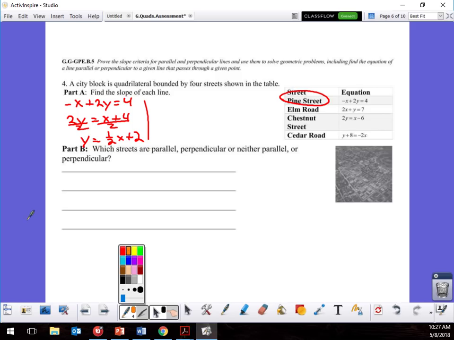Okay, so let's do the same thing to this one right here. Starting off with 2x plus y equals 7, I'm going to subtract 2x from both sides. So it's going to be y equals negative 2x plus 7. It's in y equals now.